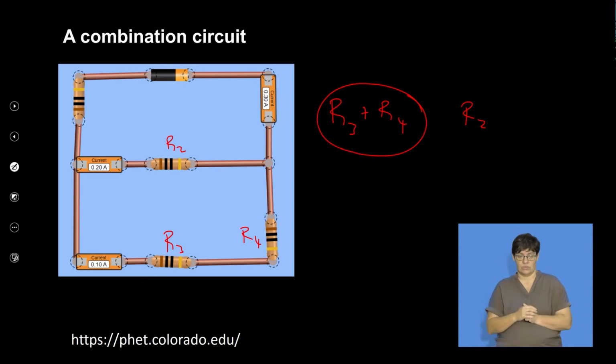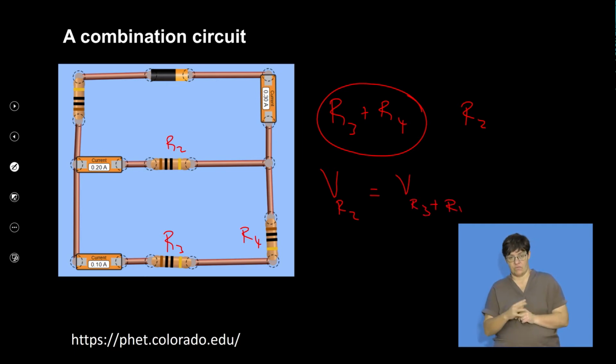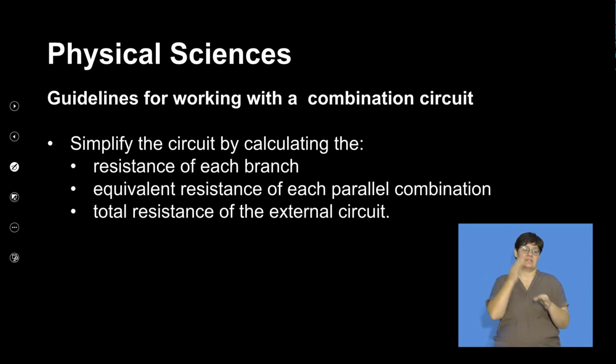So in other words, voltage across R2 is equal to voltage across R3 plus R4, okay? Because these two are parallel. So if we treat R3 and R4 as a single resistor, it means that the sum of R3 and R4 is actually parallel to R2. So that's how we break down a circuit in an attempt to simplify it, okay?